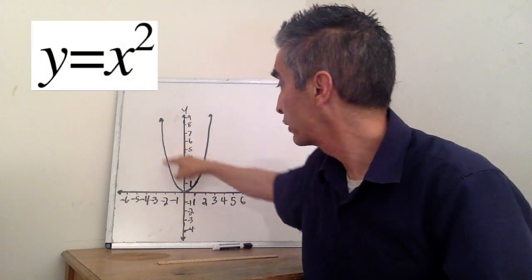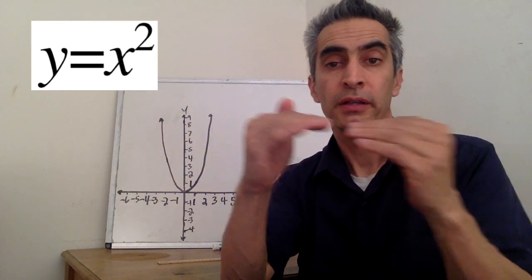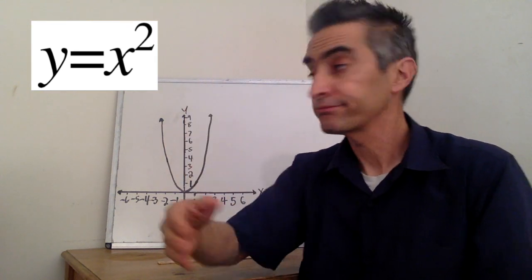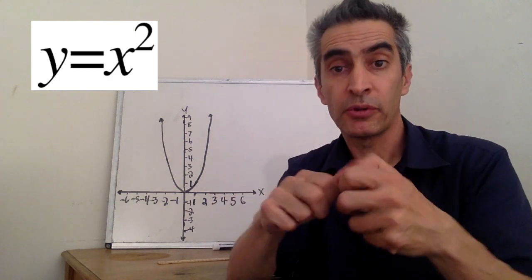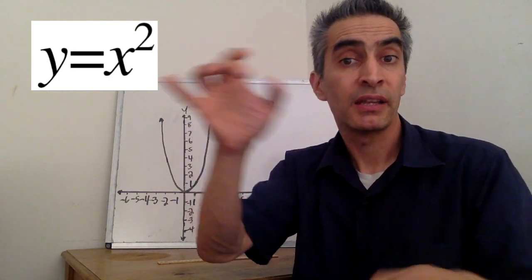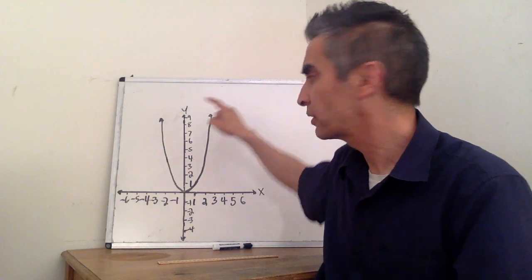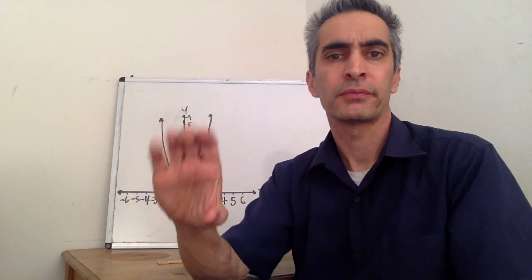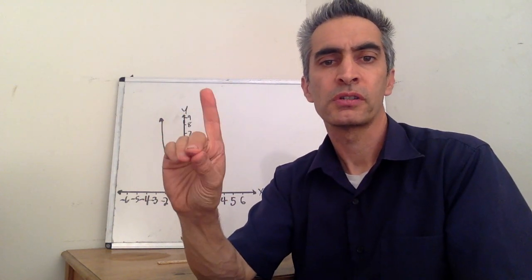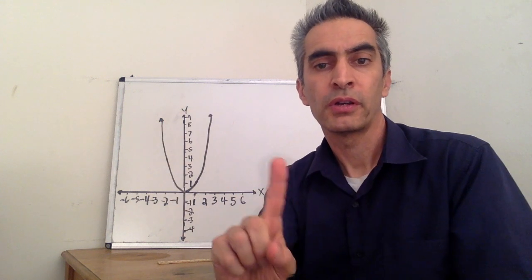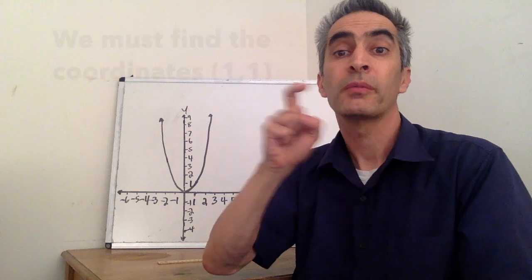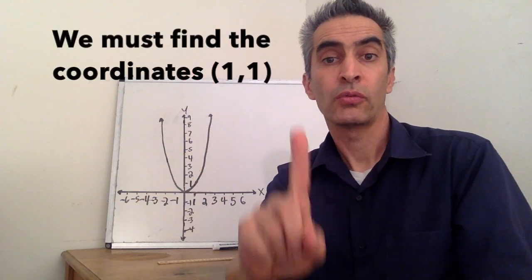First, draw the parabola y equals x squared. And here it is. Second, remember the problem says that the line touches the parabola at the coordinates 1, 1. We must find the coordinates 1, 1.